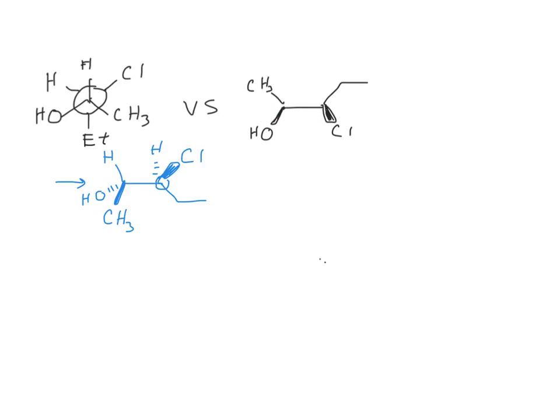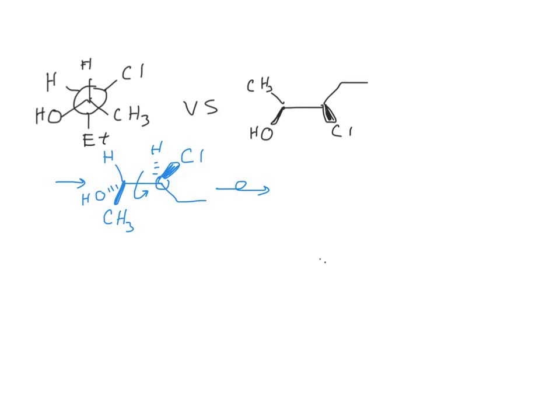The easiest thing here, we could do a couple things. I'm going to redraw this, rotating around this carbon-carbon bond as necessary to put the ethyl in the same plane as the ethyl up here, so in the plane of the screen, but I want to point it upwards. And I want to put the methyl in the plane, but I want to put that upwards as well.